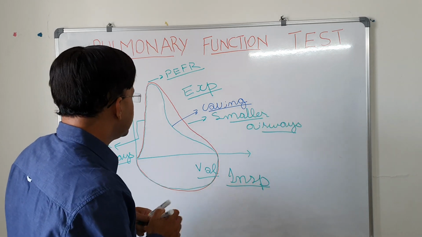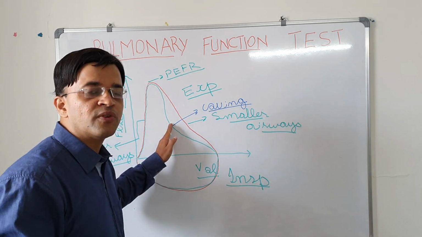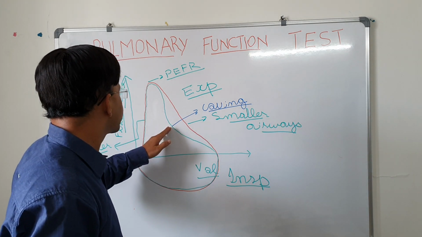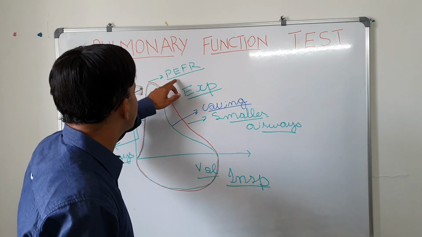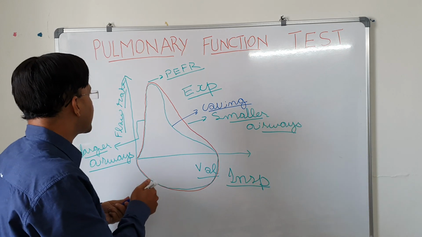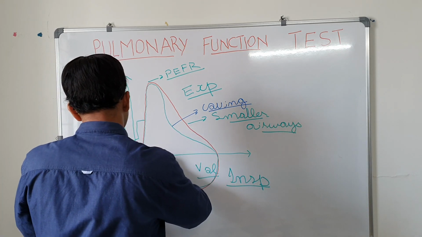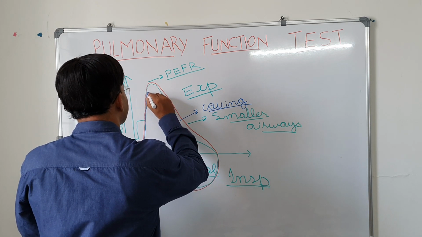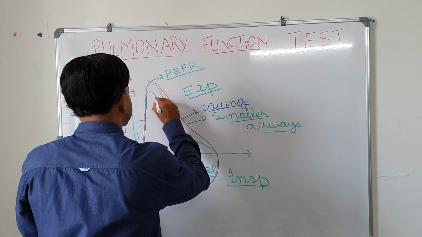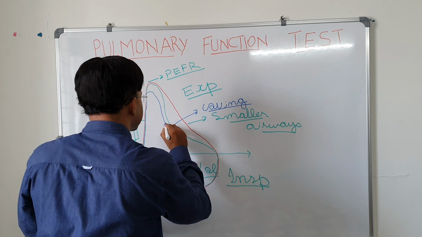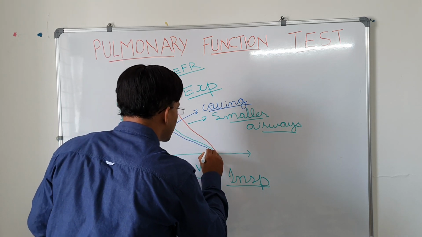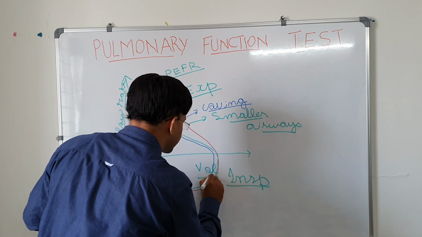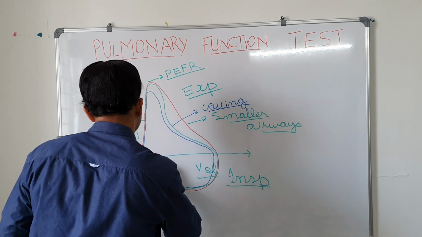Now this is only in the initial stages of obstruction. As the obstruction progresses, as the asthma progresses, we are going to have problem even in peak expiratory flow rate. So later we are going to see a graph in which even the peak expiratory flow rate is compromised, and coving is still there, and even up to a certain extent, the forced vital capacity is compromised, right?